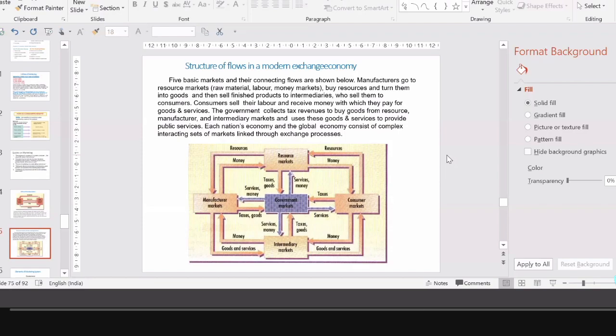Similarly, the vendors also make use of services provided by the government and pay taxes on the goods they deal with. The intermediaries also have to pay taxes. The goods from the intermediaries get transferred to the consumer, who pays money and also pays taxes to the government.